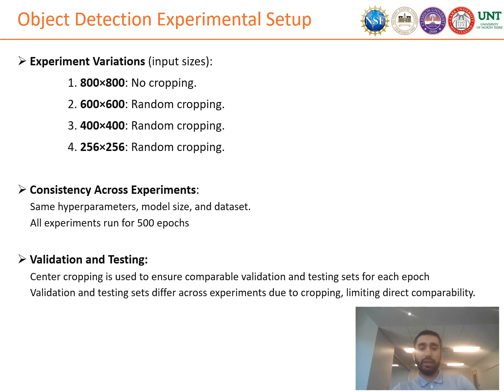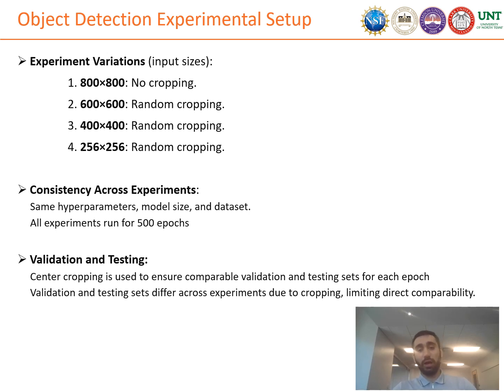So as the experimental setup, a recipe, we did object detection experiments on several input size variations to assess how they affect the model performance. The different input sizes and their corresponding cropping strategies are as follows.